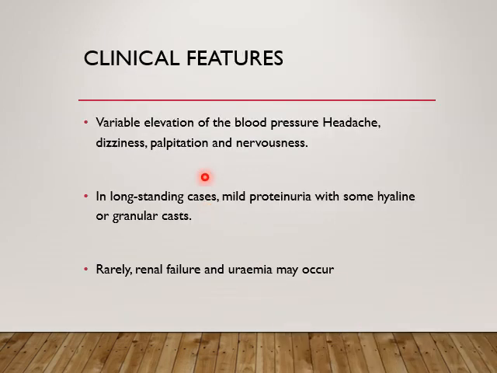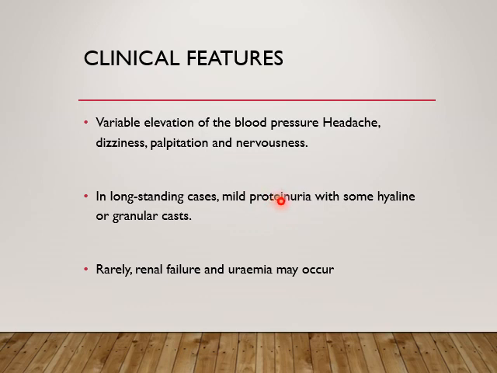Clinically, patients with benign nephrosclerosis with elevation of blood pressure will present with headache, dizziness, palpitations and nervousness. In long-standing cases, on urine examination we can see mild proteinuria, as there is a decreased glomerular filtration rate, but there is filtration of lower molecular weight proteins.